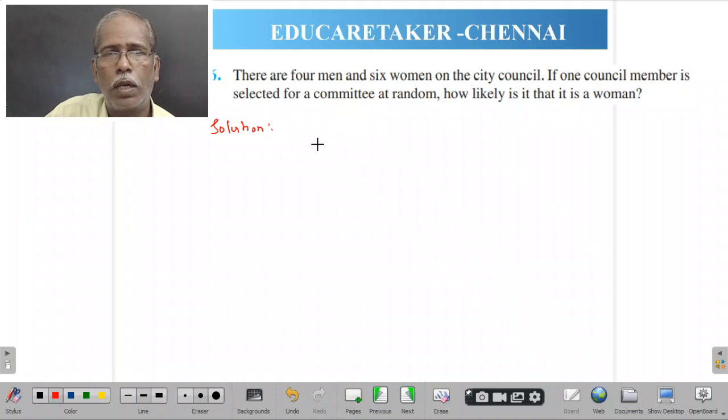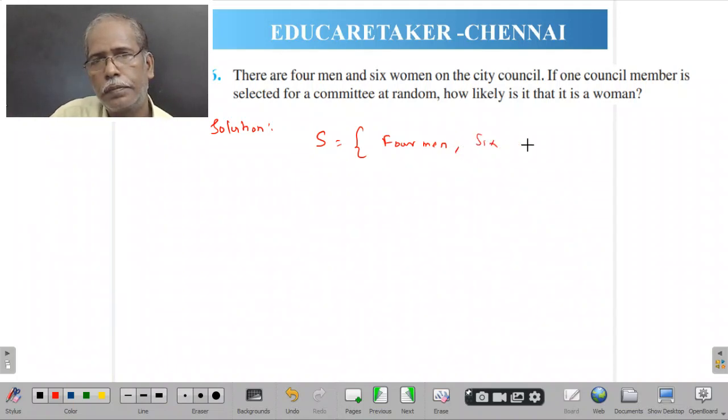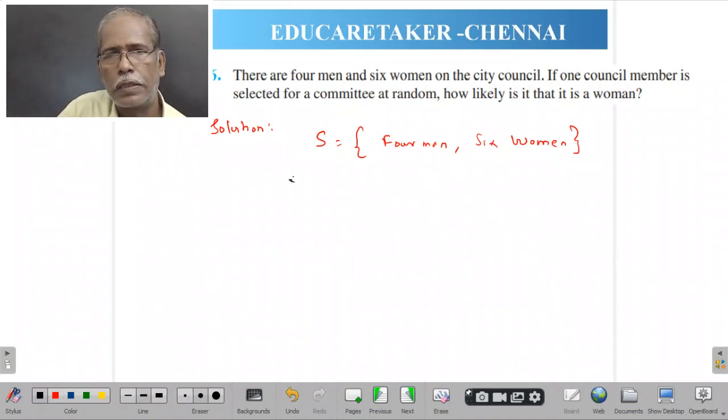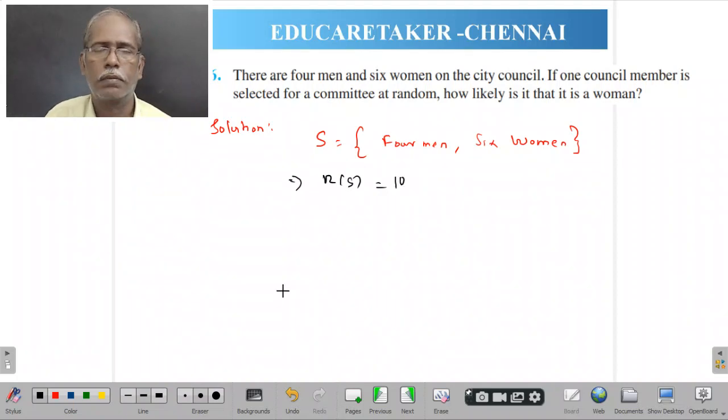First, we have to write the sample space. The sample space contains 4 men and 6 women. So the number of sample points n(S) is 4 plus 6, 10 points. Each point refers to either a man or a woman.